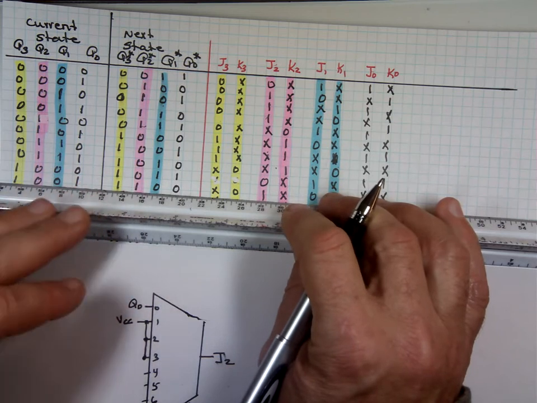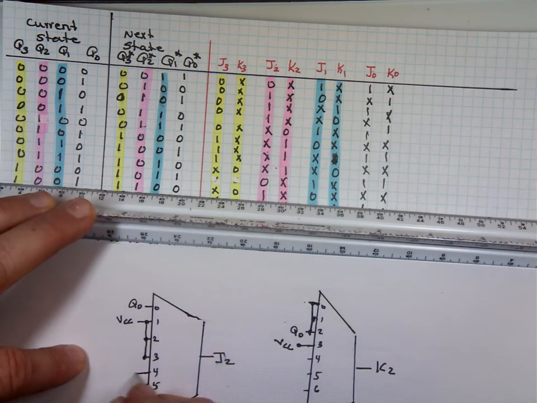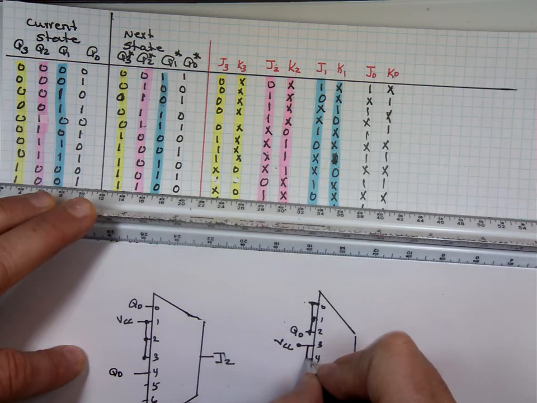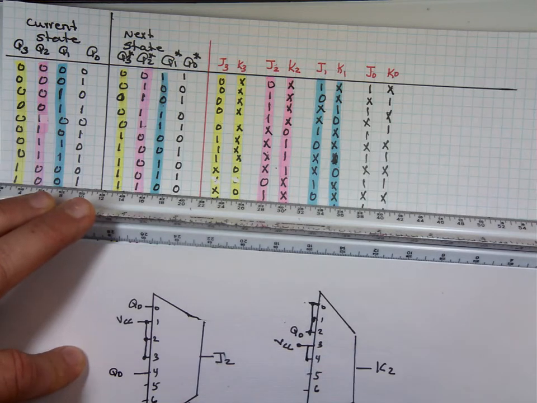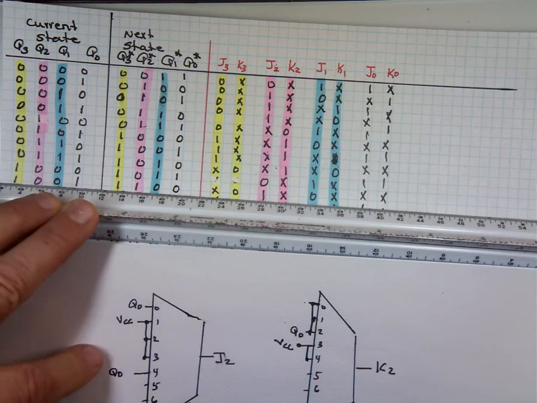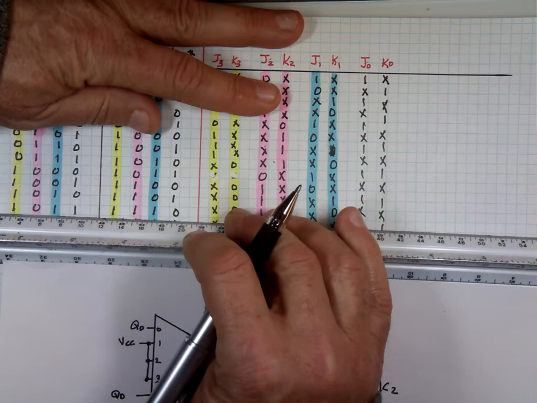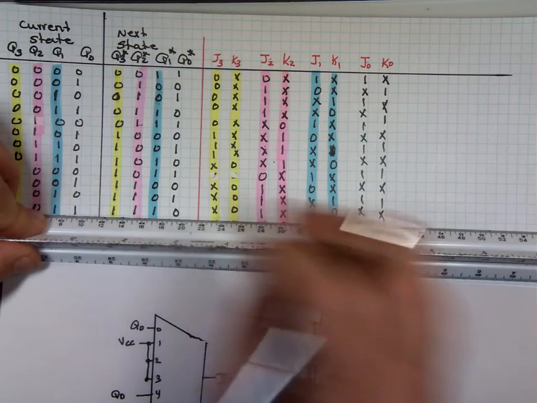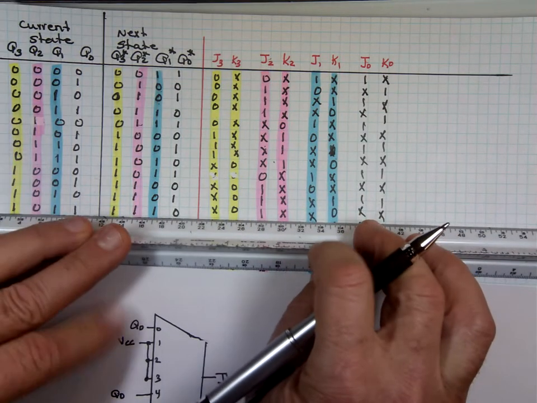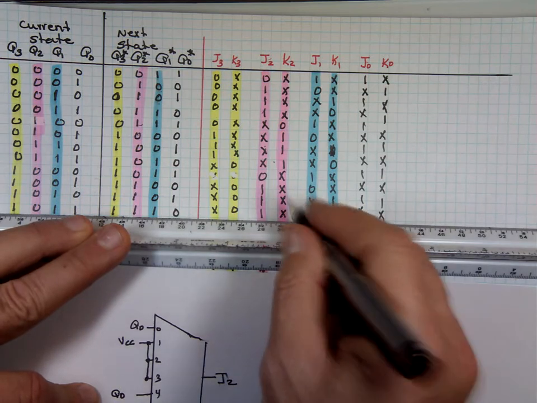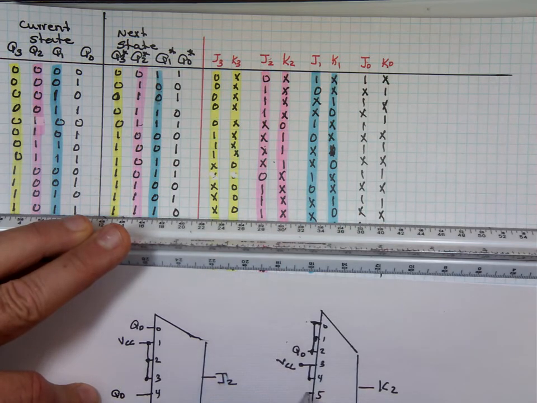Q0. And don't care here, maybe I'll go to VCC. I already have the wire. 1, 0, 1. Don't care and VCC. Don't care. And VCC.